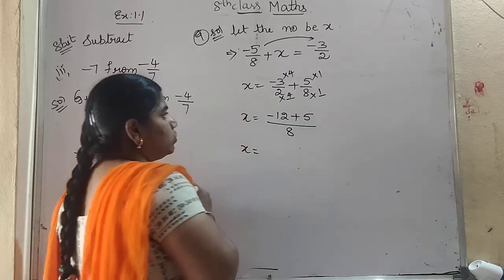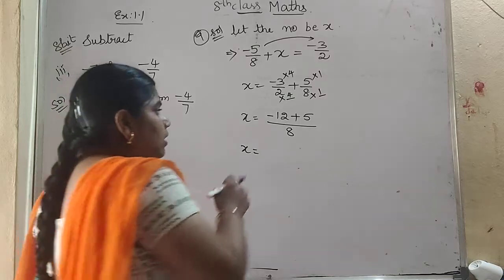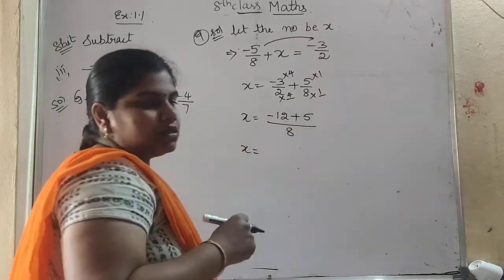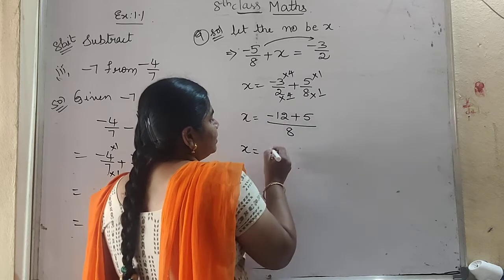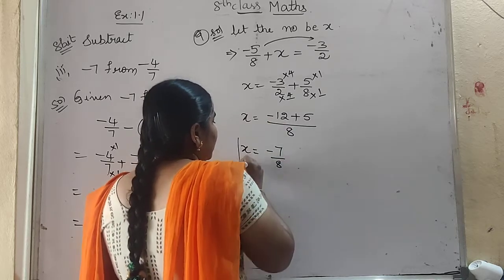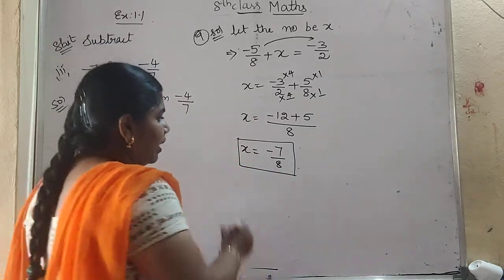So x is equals to, so minus 12 plus 5 will be how much here? Minus into plus will be minus. 12 minus 5 will be 7. Bigger number sign is minus. So answer is minus 7 by 8. So what number we have to add?